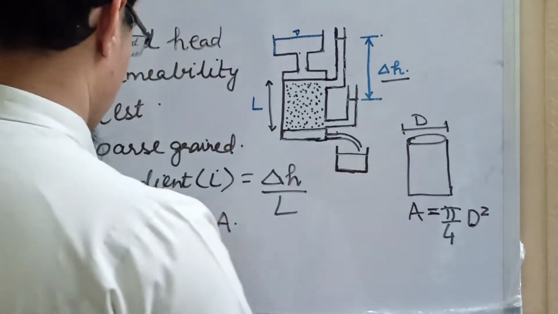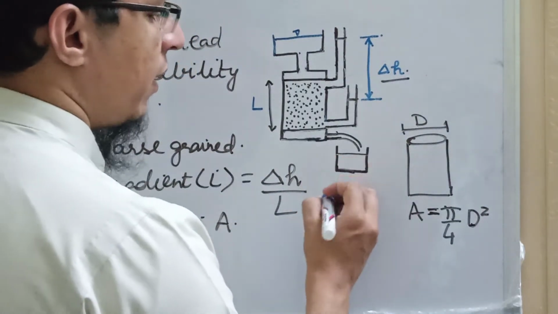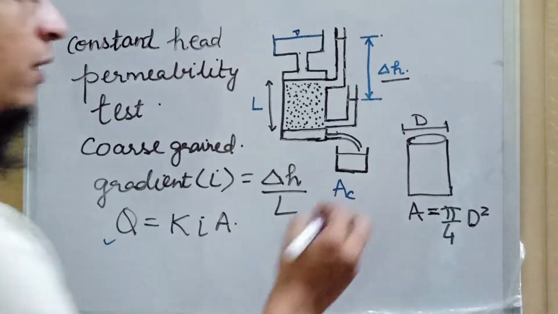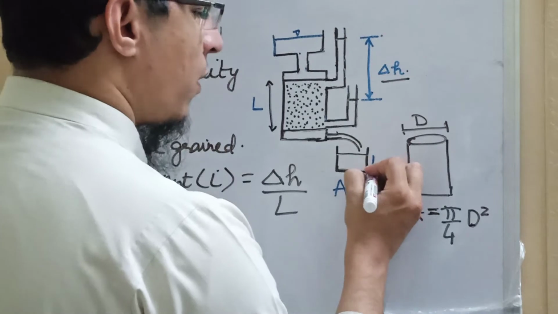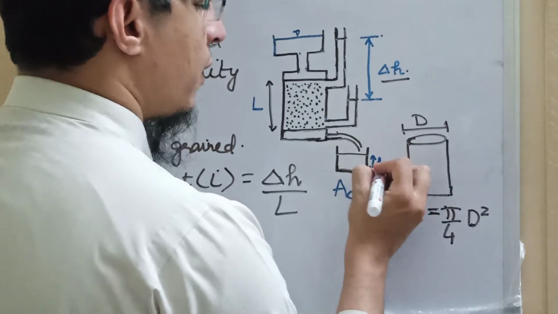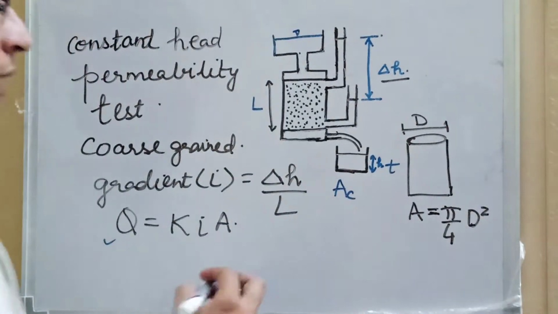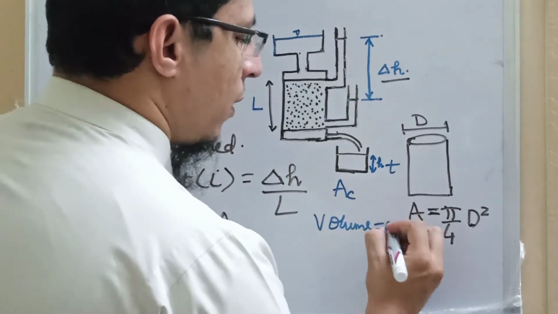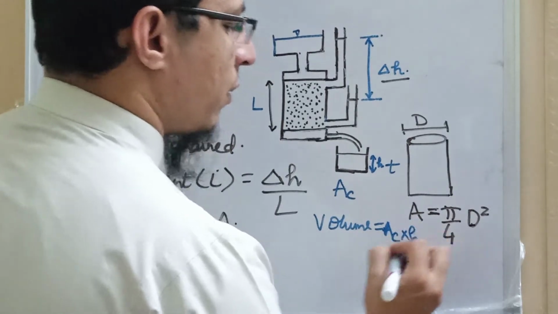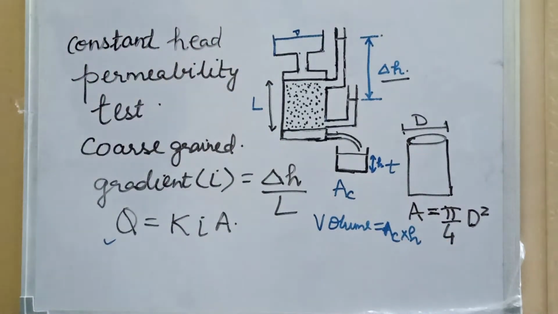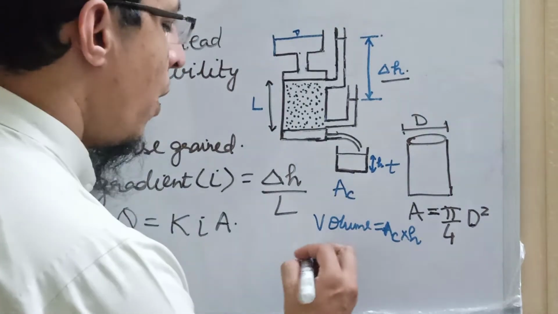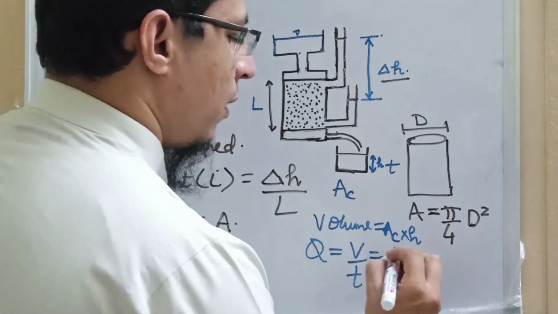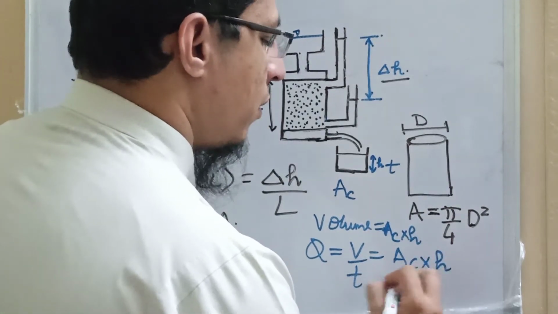For determining the discharge, we have this collecting tank with an area AC. So suppose in a small time t, the head of water collected in this collecting tank is H. So we can say the volume collected in time t is equal to area of collecting tank into head, that is AC into H. Now discharge is volume upon time, so we can say Q is AC into H upon t.